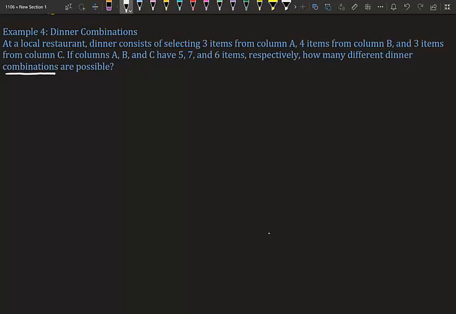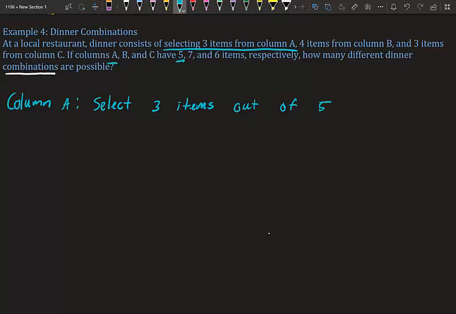So let's pull out all of the information because we have 3 columns here. Our first column, you can select 3 things from column A, so you can select 3 out of 5 items.